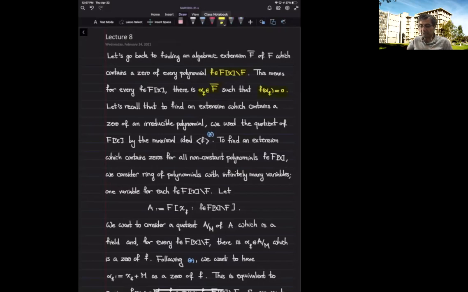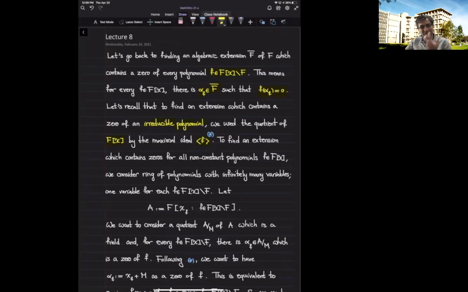For one polynomial at a time, what we did was we started with the ring of polynomials with coefficients inside capital F, and we modded out by the ideal generated by f, at least when f is an irreducible polynomial. In that case, we showed the coset that's represented by x is a 0 of f in the quotient ring.